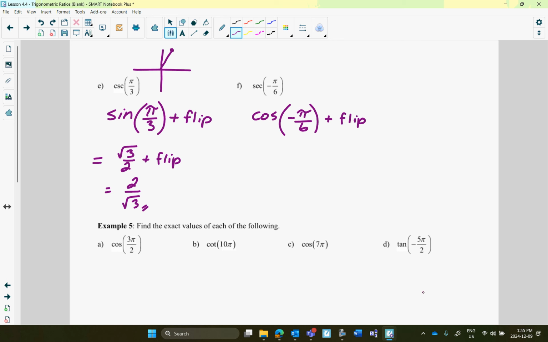This is not an angle that's in the unit circle, is it? Right. I need to make it a positive angle by adding 2 pi, or as a fraction over 6, 12 pi over 6. So that means it's going to be the same as cos 11 pi over 6. And reminding myself I got to flip it.